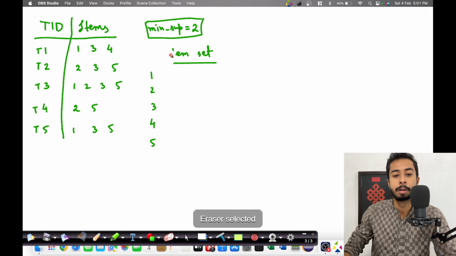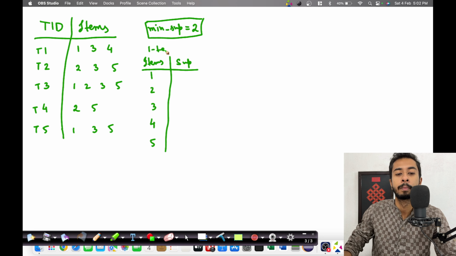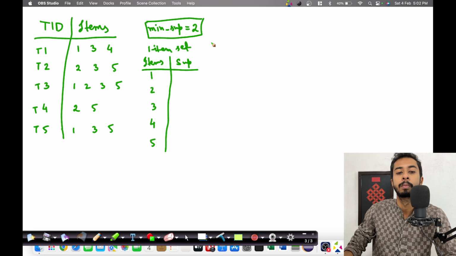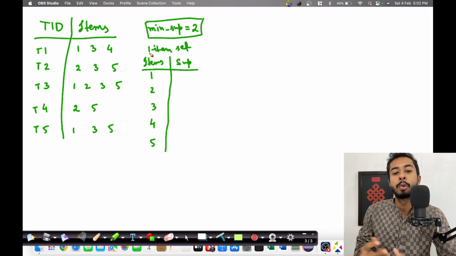Okay, so these are the items, and this is the support count, and this is called the one item set.